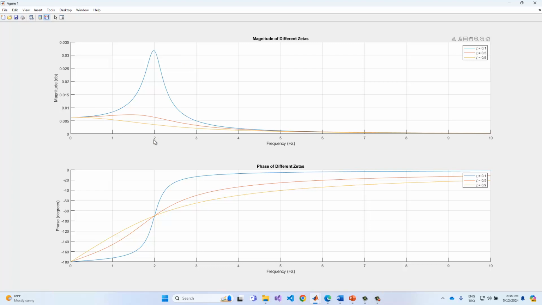Okay, for example, if we apply a 2 Hertz sinus signal with an amplitude of 1, we will get at 2 Hertz 0.03 for zeta equal to 0.1. But for zeta equal to 0.9, we will have 0.003 amplitude on this manner. Okay, just like this one. It's the minus 90 phase shift at this moment.